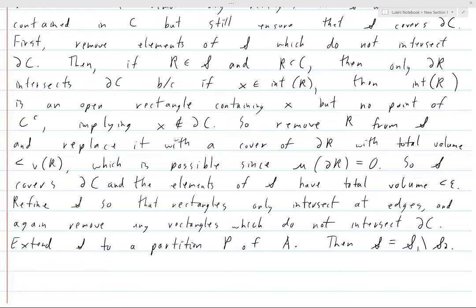Well, S covers the boundary of C. So if you're not covering the boundary of C, you can only cover the interior or the exterior of C. So if you're in the exterior of C, then you're certainly not in S. And if you're in the interior of C, then you're in S2.